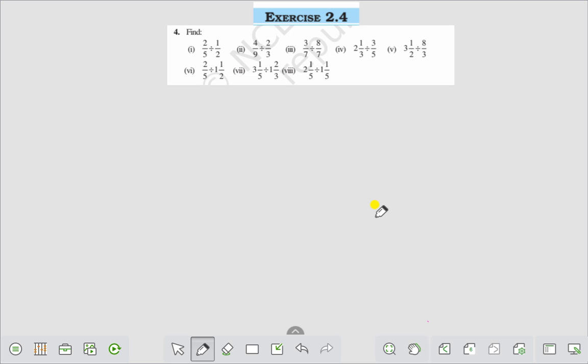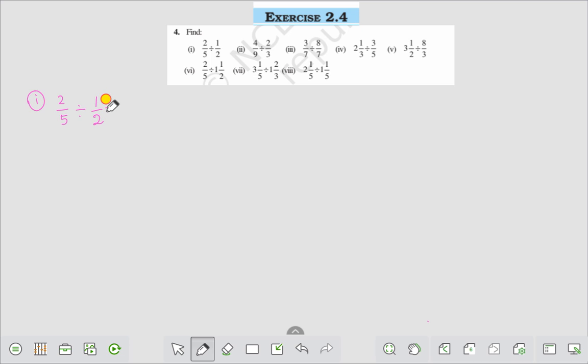Find 2 by 5 divided by 1 by 2. Let us find. Question number 1 is 2 by 5 divided by 1 by 2.